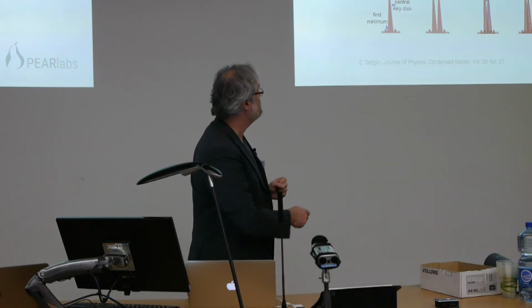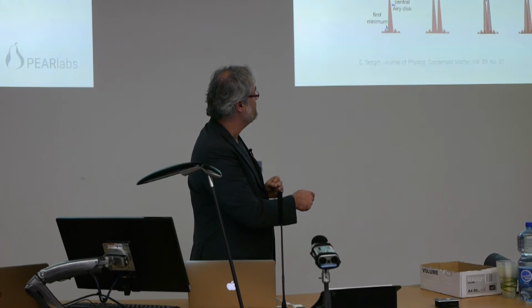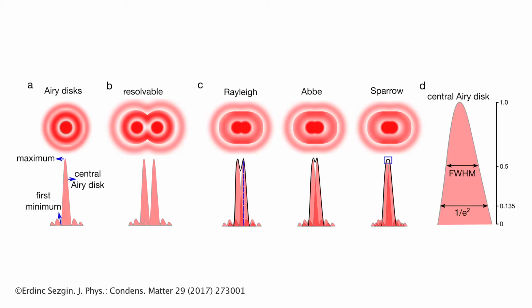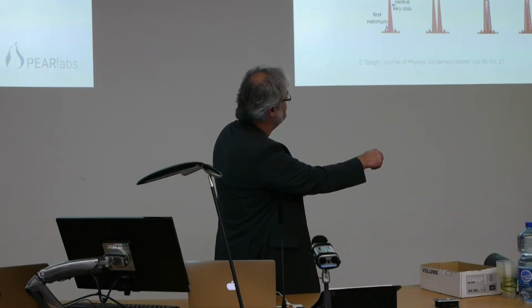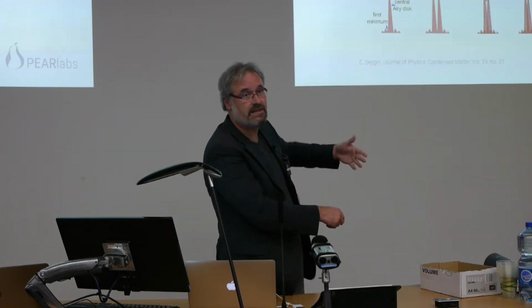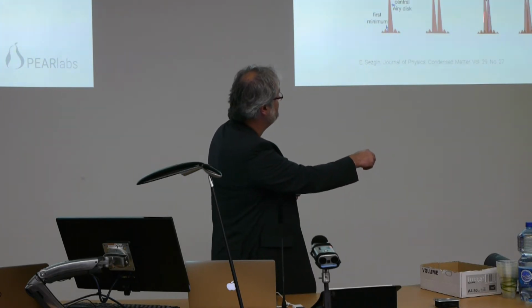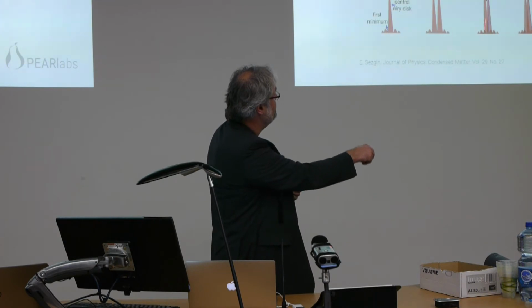So actually, Rayleigh had a criterion where he said when the maximum of the first falls exactly onto the first fringe minimum of the second, then the superposition of the two still becomes resolvable, because we can see there's an indentation here, which shows here on the side view, which is the cross-sectional side view of the light pattern. So this is just intensity on the vertical axis.